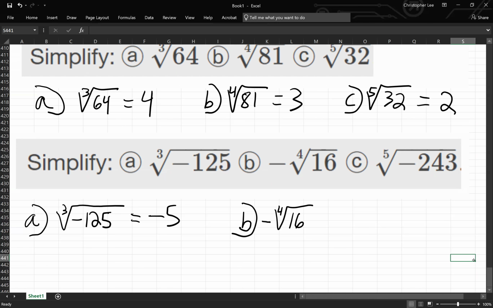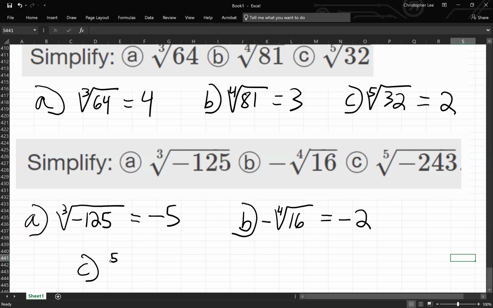So that's legit. What do we think? What's the fourth root of 16? It's a small number. 2. This is negative 2.